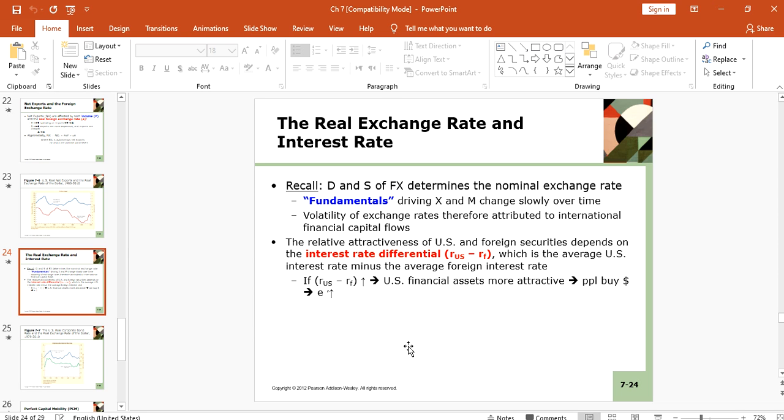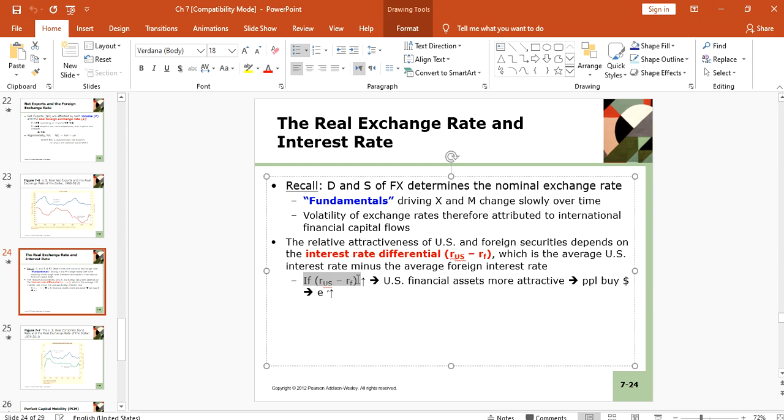Okay, so if the change, it's given here, if the difference between the US interest rate, the home interest rate, and the rest of the world foreign interest rate is getting larger, it means the demand for the home financial assets will be higher. Consequently, the exchange rate will be higher.